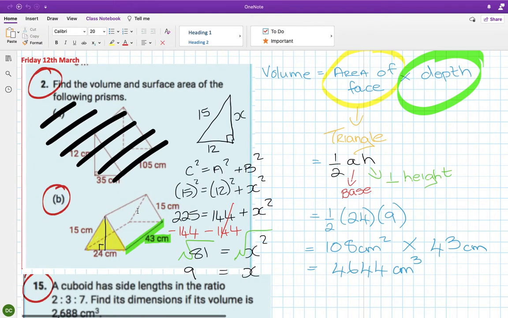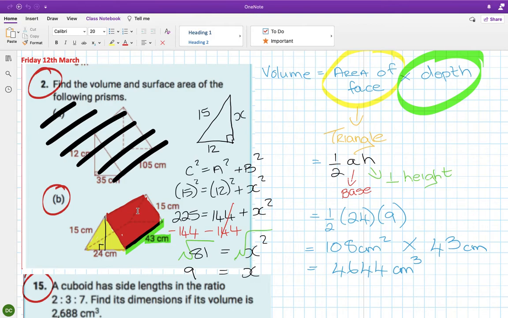And so I'm looking at this bit here. It's going to be 43 in length and then 15 in width.